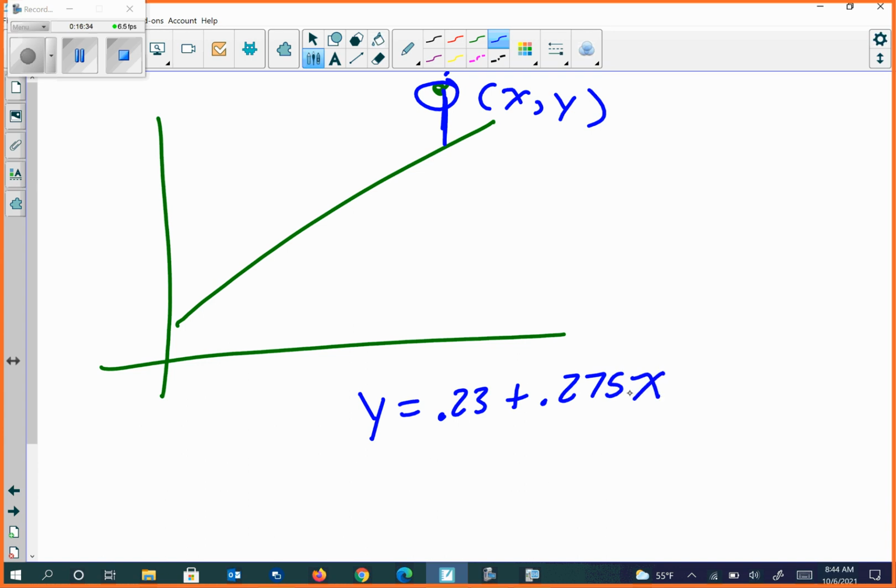If this point were to be the point 5 comma 7, and I'm making this up off the cuff, so it's not going to work. How do I find my response or my actual? You take that 5 and you plug it into the equation. And if someone has a calculator, I appreciate you doing this math for me real quick.